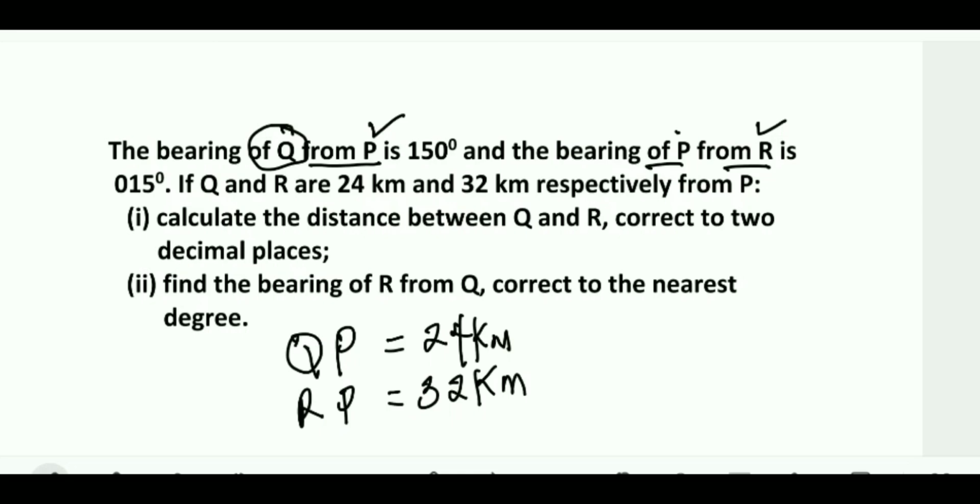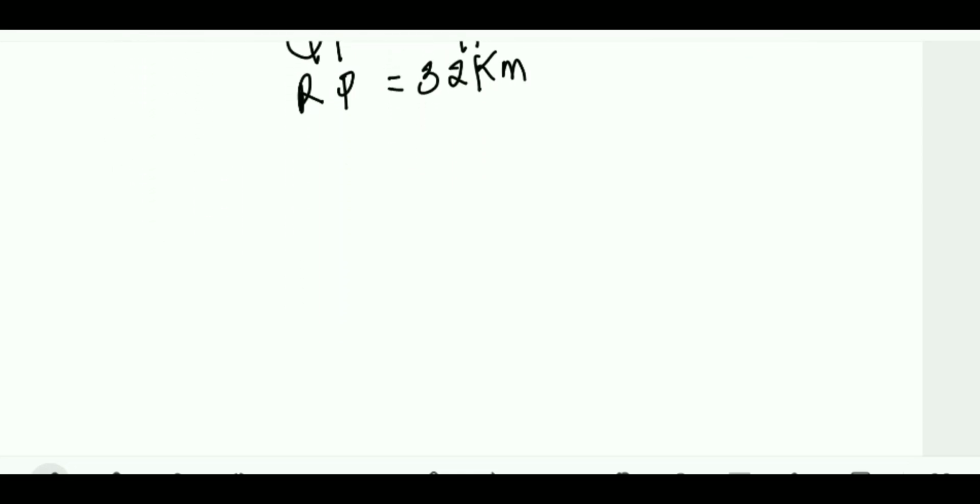Where is R? We don't have specific information for where R is, but we know that R is a point, R is a position. So, what we do is pick a point. Let's pick a point and call it point R. So, I'm going to pick this point.